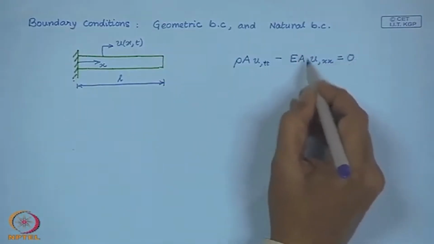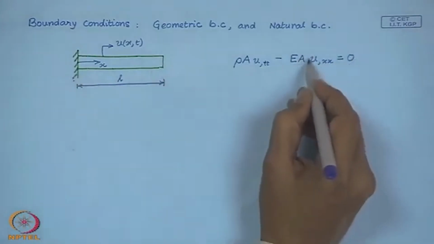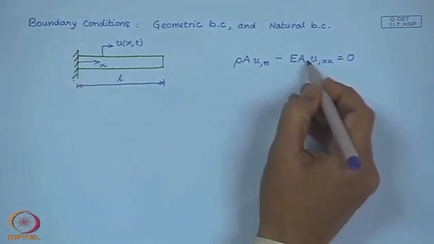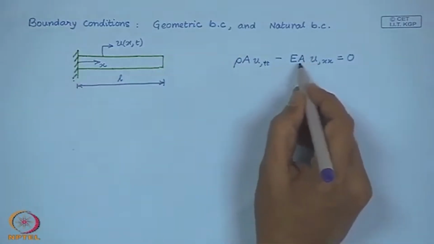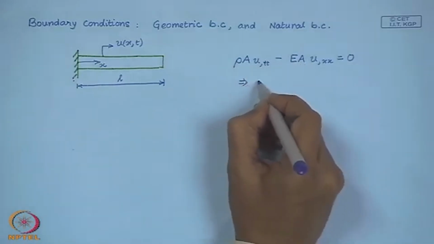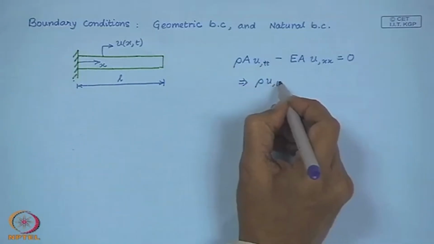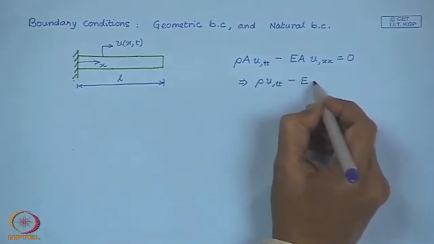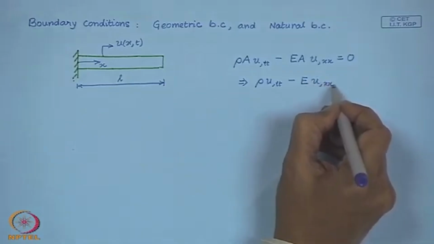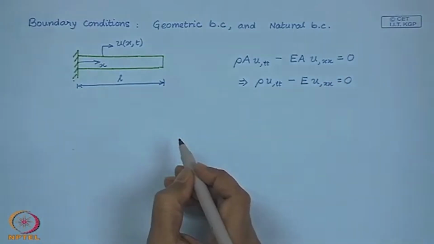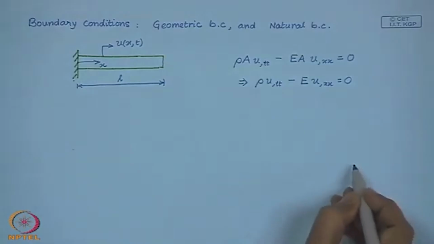Because the area is now constant, it is no longer a function of x. So, it can come out of the partial derivative, and this can be simplified further, to obtain this equation of motion for a uniform bar.